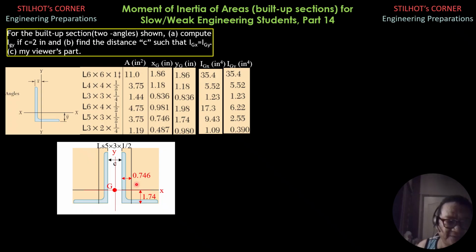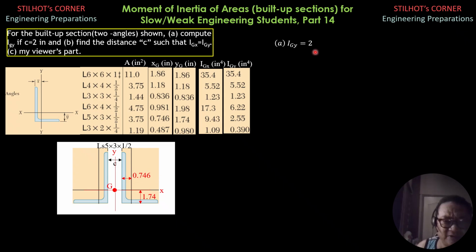By transfer formula, take note this is 0.746 xg and this is 1.74 yg, or y barred y. So IGY is equal to 2 times quantity 2.55 inches to the fourth plus area 3.75, and the distance is 0.746 plus half of C, and half of C is 1, so 1.746 squared.